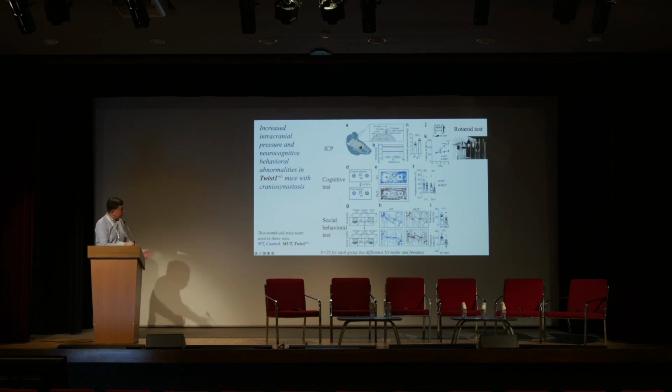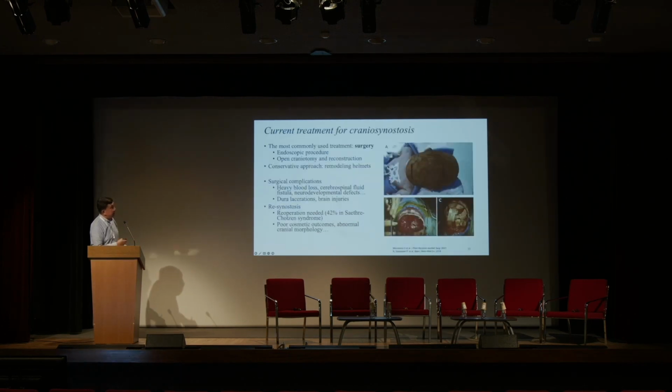So this study was published in 2021, basically showing that the TWIST1 mutant model actually mimics the human condition with these neurocognitive defects.